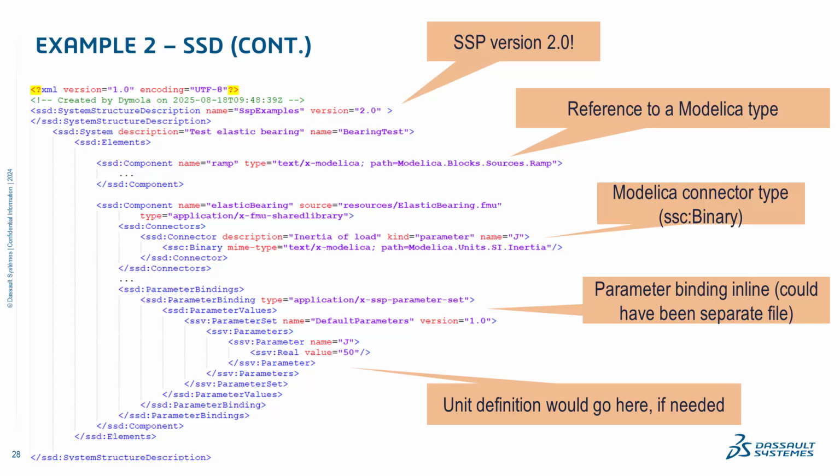And we have a parameter type here. And because in this case we want to use the Modelica type, inherit the Modelica type, we describe it as a binary type of that is Modelica. And here in the parameter binding, which is in line here, we defined the value of a component here. We could add the unit definition if it was necessary also here at the end.